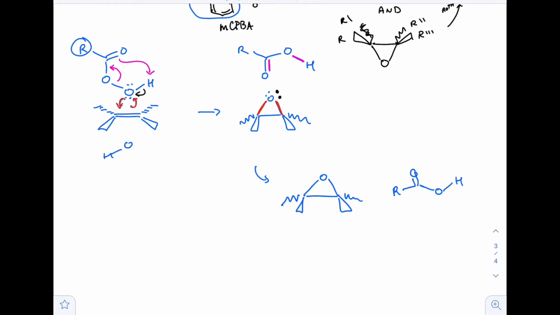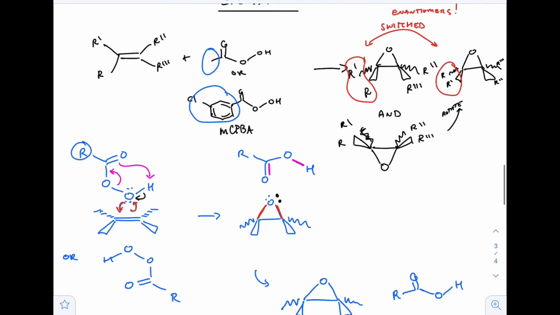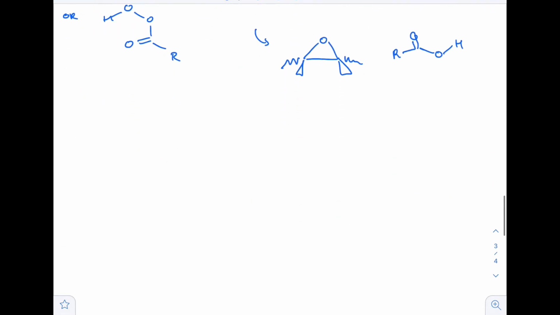So if we add wedges and dashes to the alkene, what I'm trying to show you is that it's flat. Okay, and that peroxy acid is approaching from the top, but we can also draw a molecule approaching from the bottom. And what that does is it results in our two enantiomer products. Okay, and that's how you get the two products.